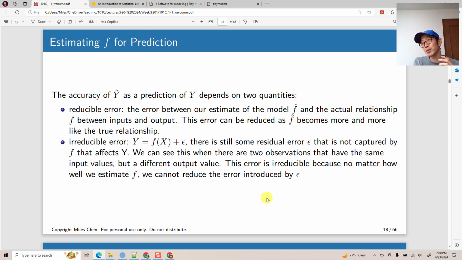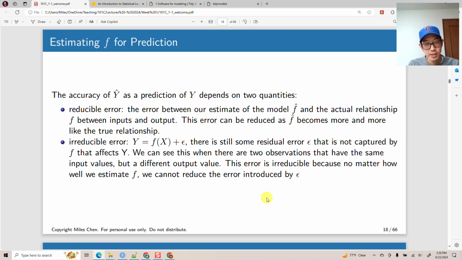We're saying there's some actual relationship f between x and y, and we approximate it with our model f hat. The closer f hat is to the actual f, the more we've reduced the reducible error. It's minimized when f hat and f are exactly the same.